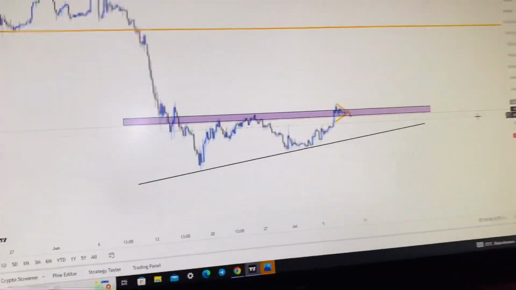So now, as explained, you should never make such a mistake entering a break and retest thinking that it's going to work in your favor. It could be doing a fake out. You don't know. So always make sure that if you identify your structural move, you need to know that that structural move will have an impulse in the future, but you don't know which direction it will take.